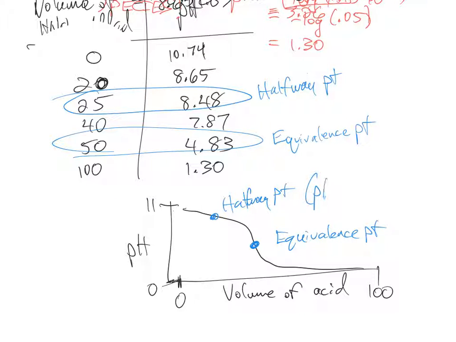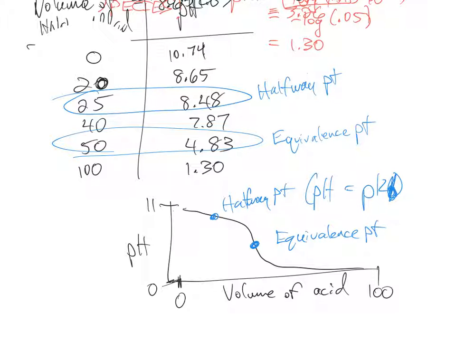At that point in the titration, the pH of the solution equals the pK, this time it's a pKb, of the weak base that we're titrating. If this were an acid being titrated by a strong base, it would be pH equals pKa.